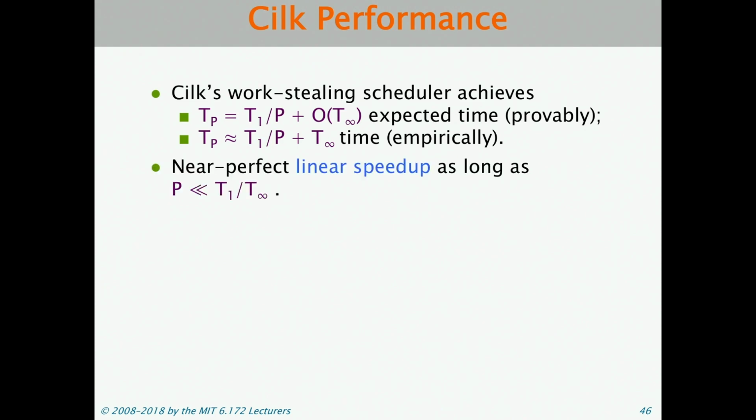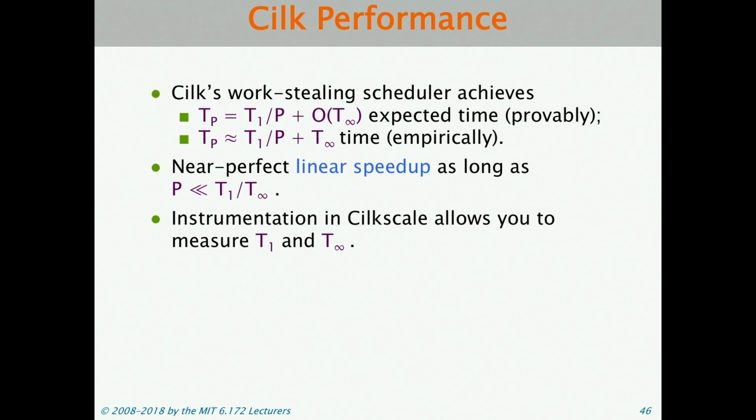And therefore, we can get near perfect linear speedup as long as the number of processors is much less than T1 over T infinity, the maximum parallelism. And as I said earlier, the instrumentation in Cilkscale will allow you to measure the work and span terms so that you can figure out how much parallelism is in your program. Any questions?